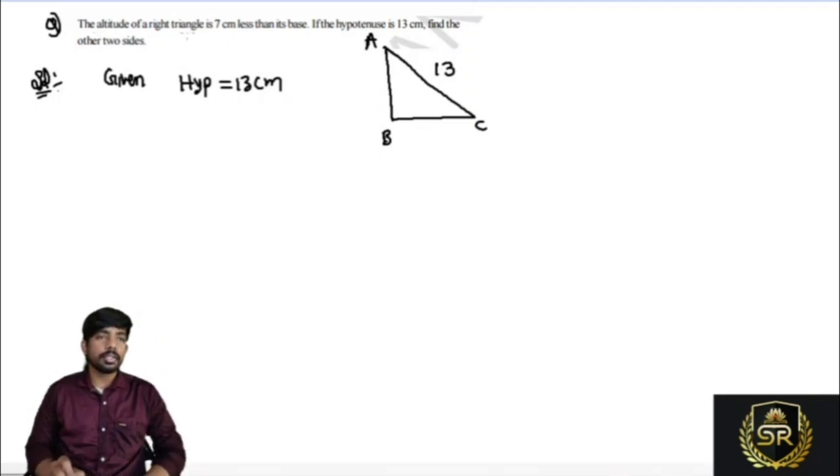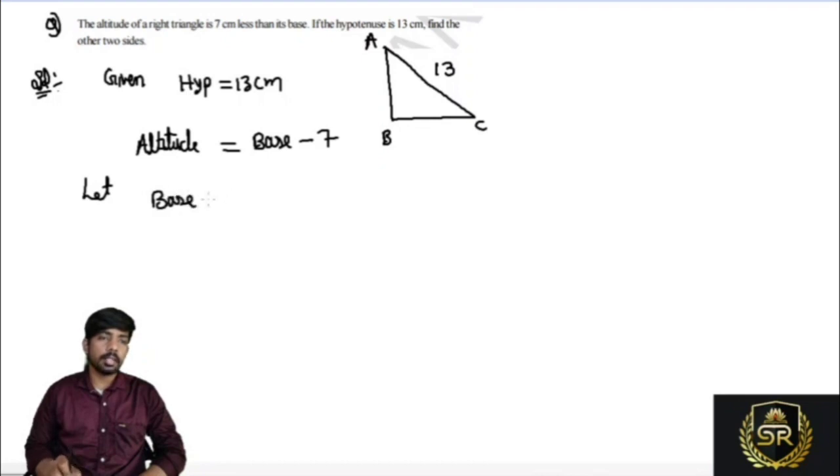Now what is it saying? The altitude of a right triangle means the height. The altitude of the triangle is 7 centimeters less than the base, so altitude is base minus 7. Hence let us consider the base to be x.